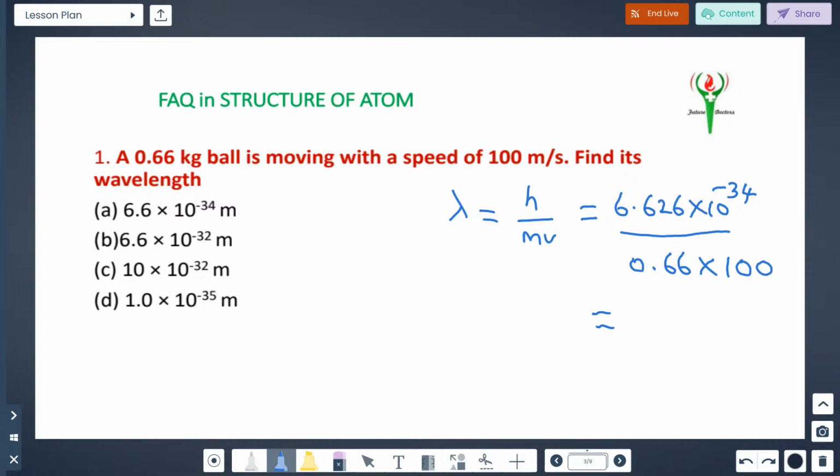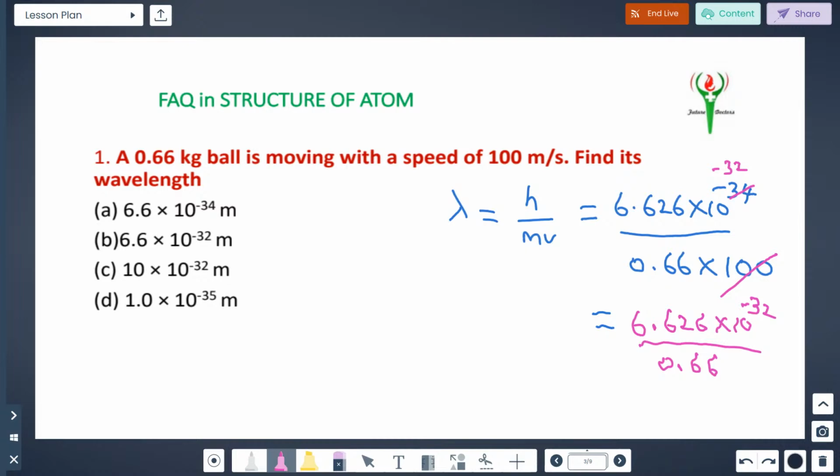Suppose I cancel this one. Now it becomes minus 32. Now, how will I write this one in a different way? 6.626 into 10 power minus 32 by 0.66. Now it will be, this is 6.6 and this is 0.66.